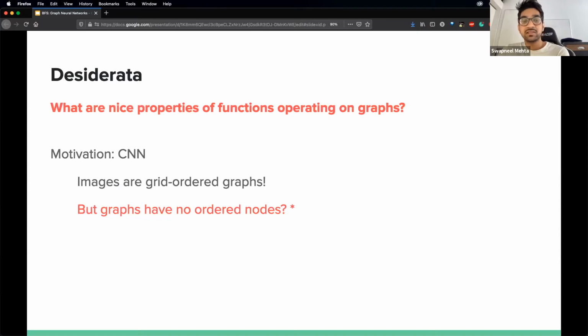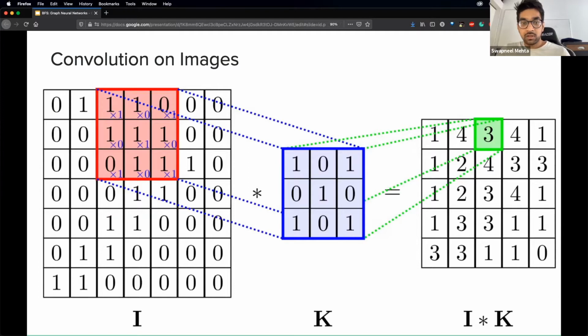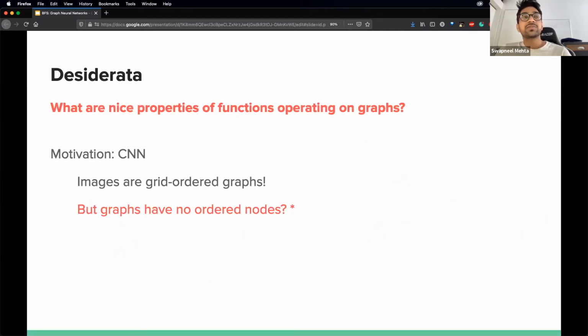In CNNs you saw that this operates on images, and this is based on Petar Velichkovich's talk. What Petar says is images are grid ordered graphs, which makes a lot of sense when you think about it.